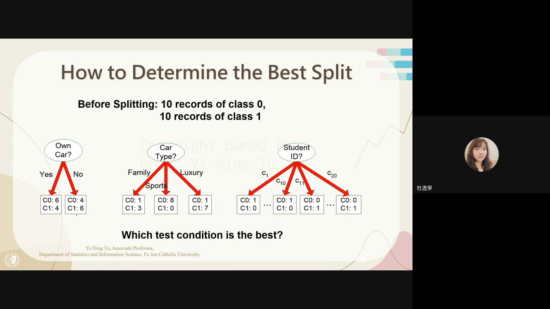There are original 10 records belongs to class 0, 10 records belongs to class 1。也就是说，现在有2类，class 0 10B，class 1 10B。Then they pick up 3 different attributes: on time, part time, student ID.